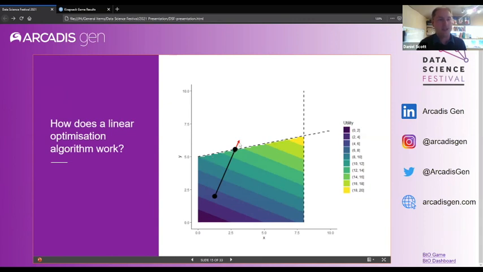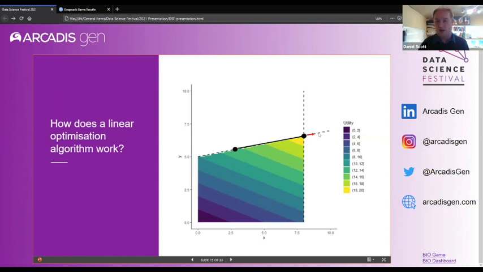At this point, it cannot move any further along that vector because it will breach the bound and it knows it can't do that. So it starts to look around again and asks, is there any other direction I can move in that still takes me uphill? And the answer here is yes, we can carry on moving along this line, and that would take me uphill in the steepest way. So it'll follow that line and solve that linear equation until it hits the next bound up in this corner here.